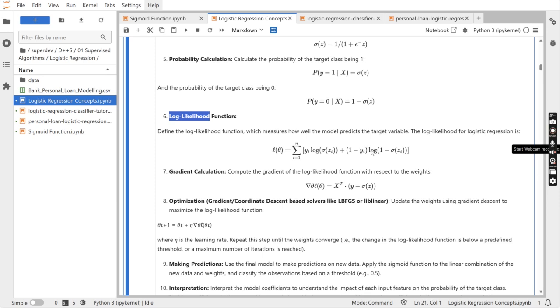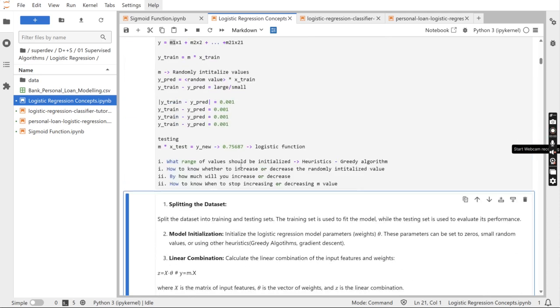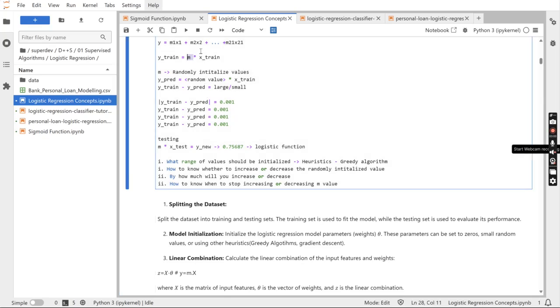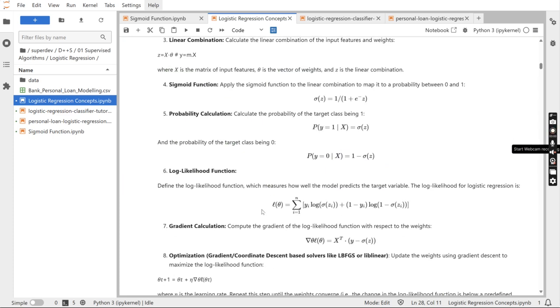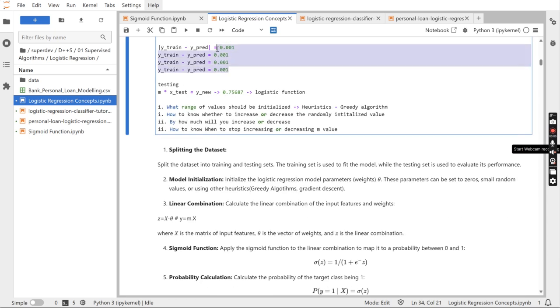Once you do this, you will get the error rate, how much error there is, and on that basis you will modify these m values again by subtracting a small value of the learning parameter. This way you will adjust, and you keep repeating this process until this entire function no longer changes, so the values start becoming constant.